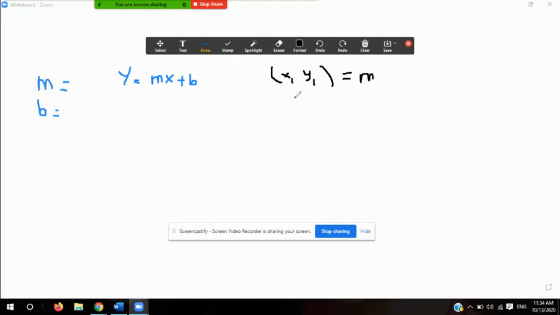Well, you would use what we call the point-slope form, which is basically the formula y minus y sub 1 equals m times x minus x sub 1.